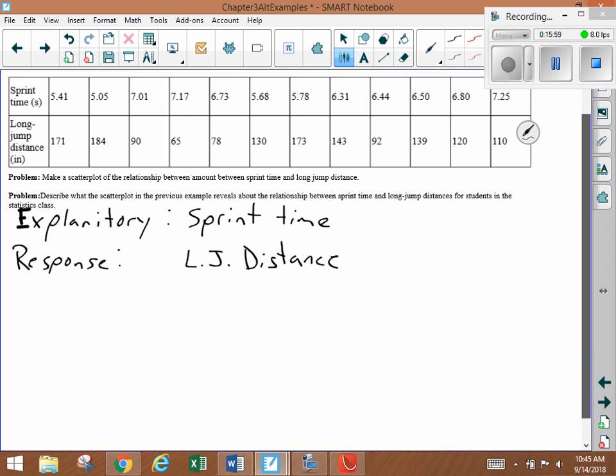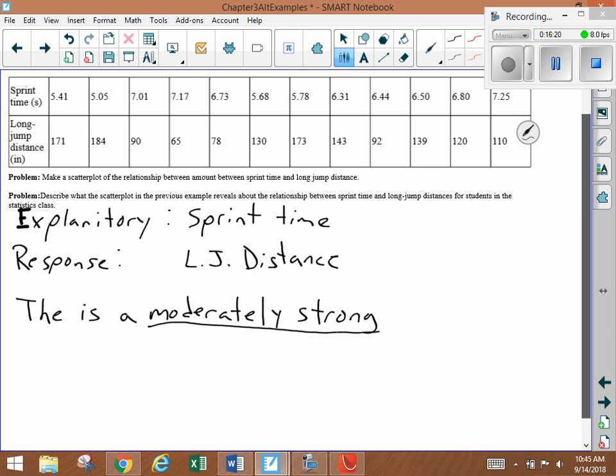All right? So we would say there is a moderately strong, so this points to our strength, linear, that's our form, negative, and this is our direction, relationship.